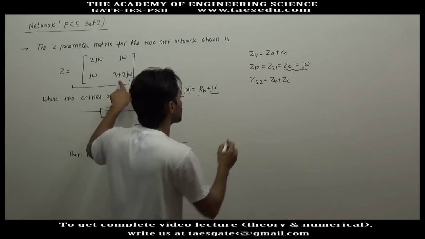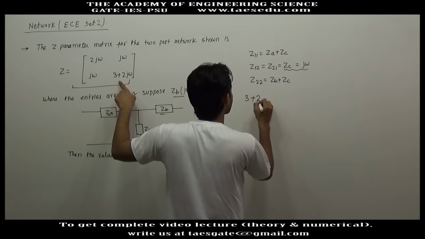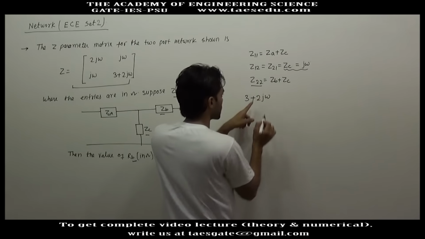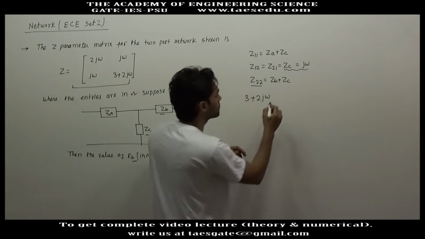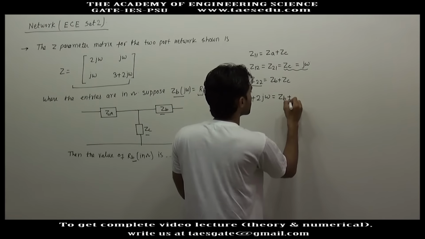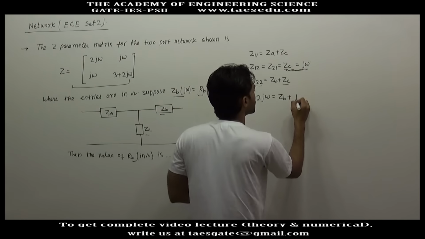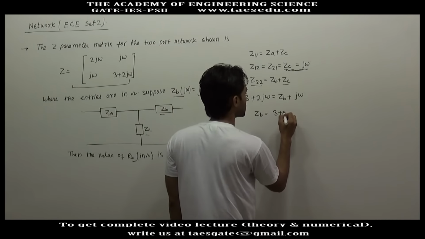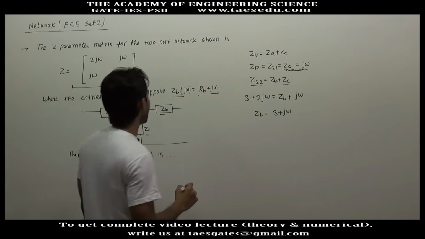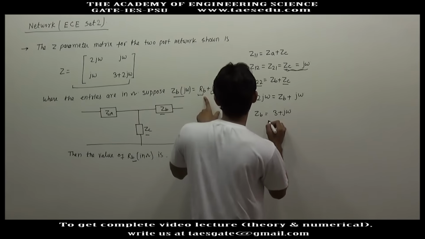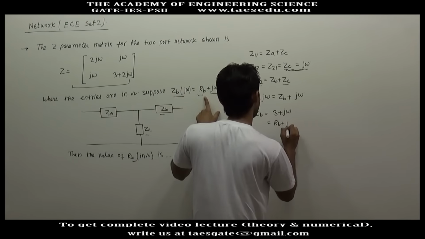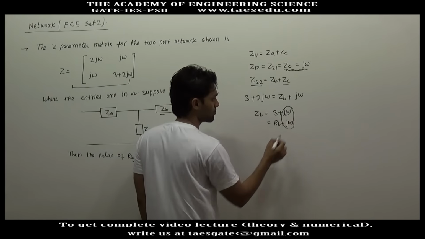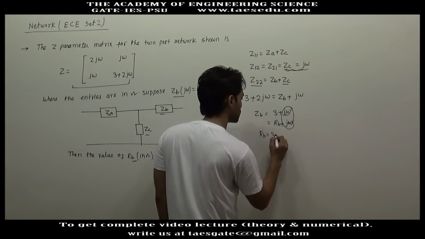Z22 is given as 3 plus 2j omega, which equals ZB plus ZC. ZC is j omega, so ZB equals 3 plus j omega. ZB is assumed to be RB plus j omega, so by comparing, RB has to be equal to 3 ohm.